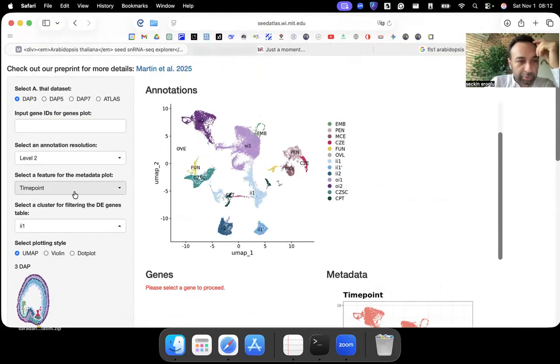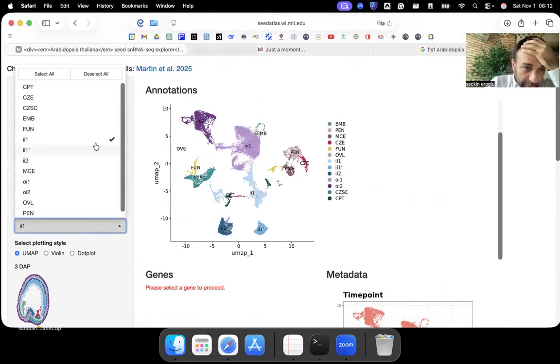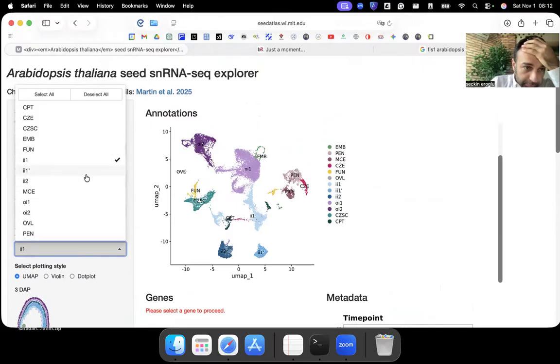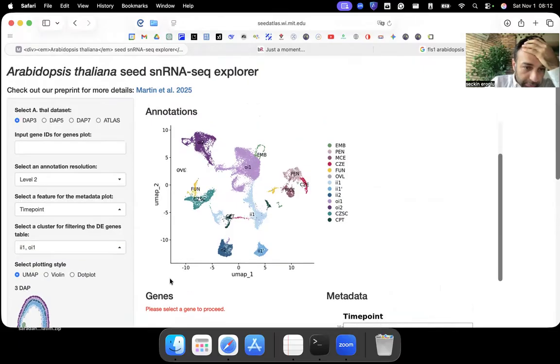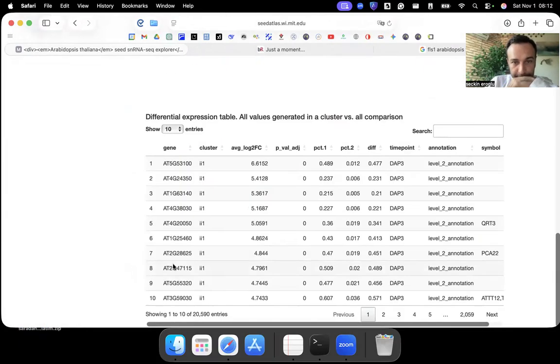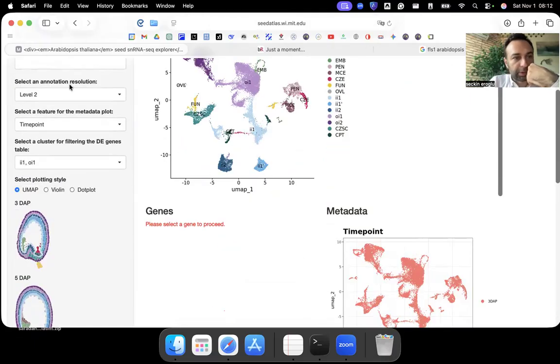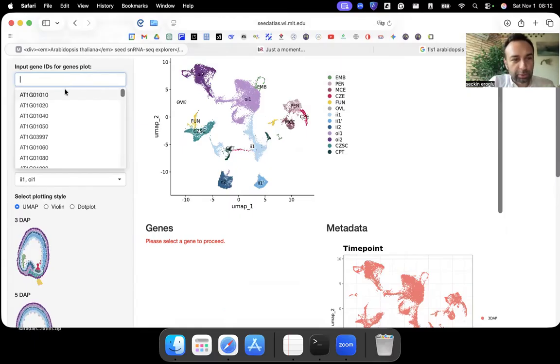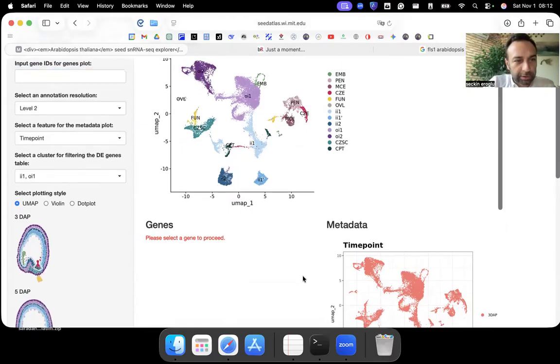Yes, sorry, I should put here OE1, I think, also. Yes, I think now this is like how they are different from OE1. No, I didn't put the gene. No, we don't put any gene here.